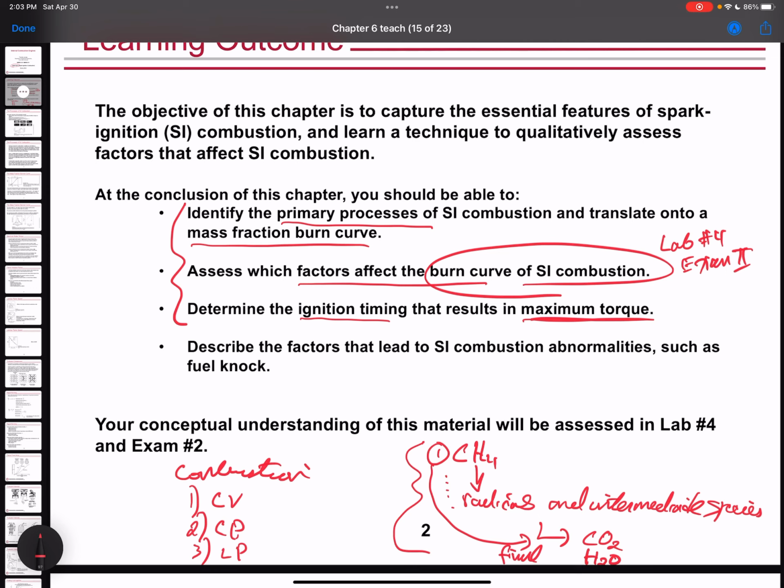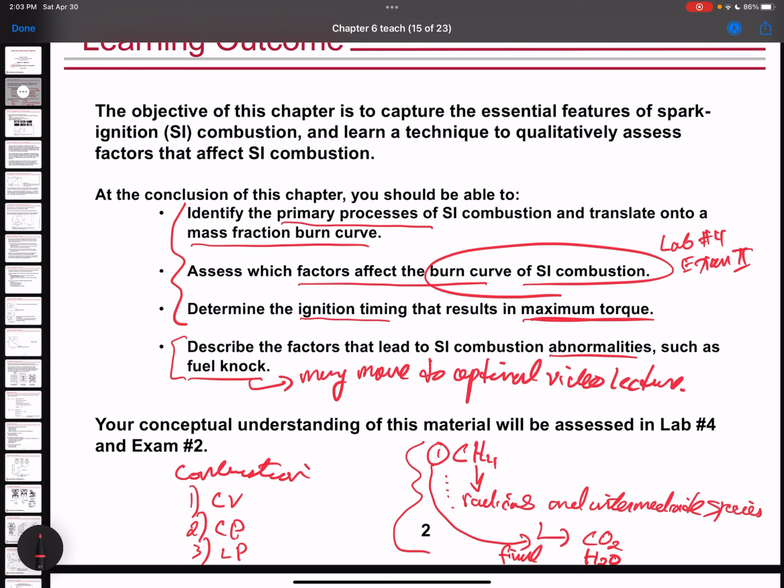The one thing that we probably won't have time to get to is this last bullet point, which is to discuss combustion abnormalities such as fuel knock, right? And so if we're not able to get to that, I might move that to an optional video lecture where, again, I might be able to post this from a previous semester.